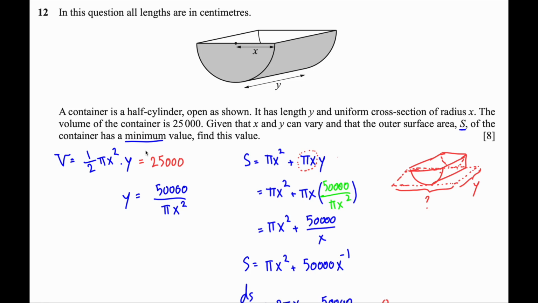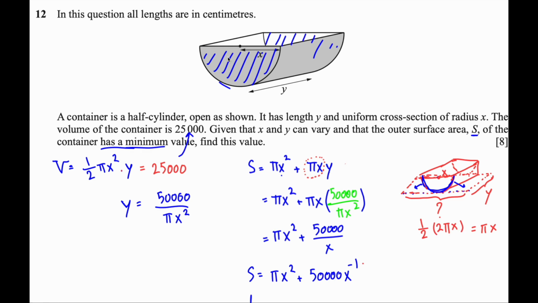So I'm going to start with the volume of the container. This is a half cylinder, just like any other prism. The volume of it is obtained by multiplying the surface area of the base times the length.